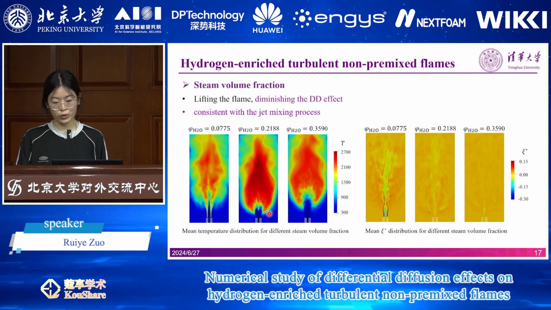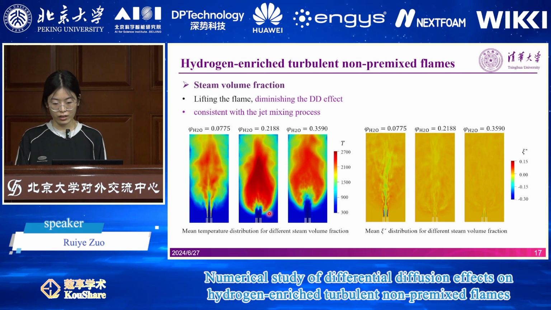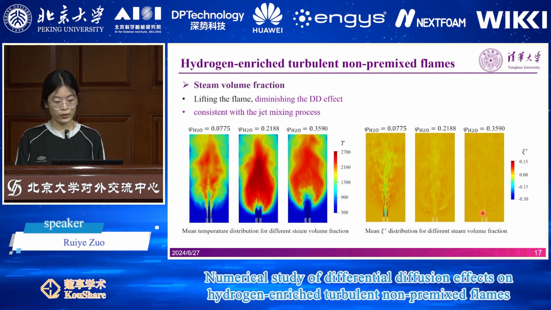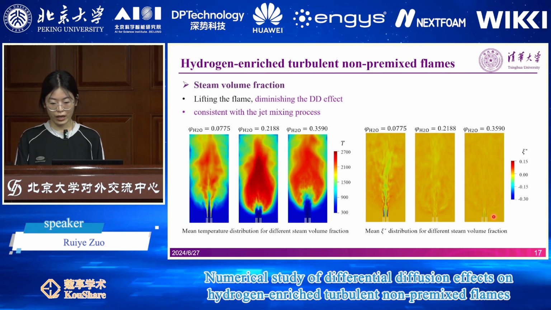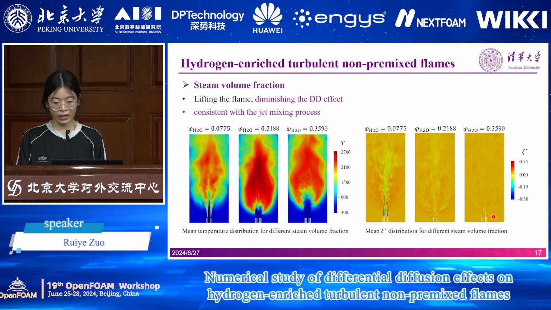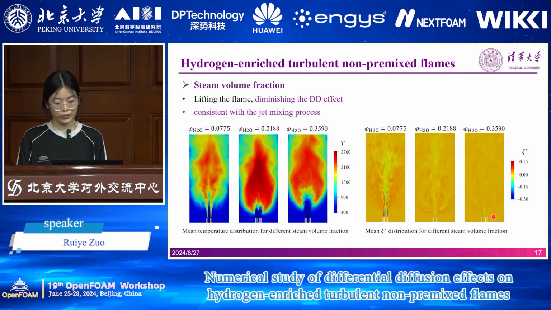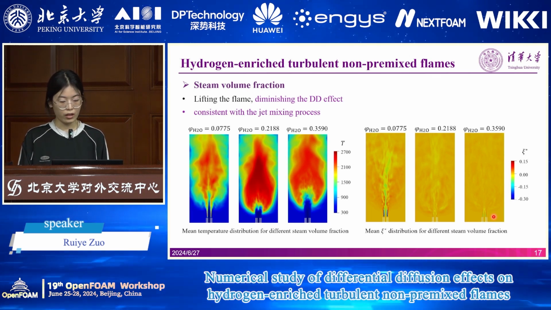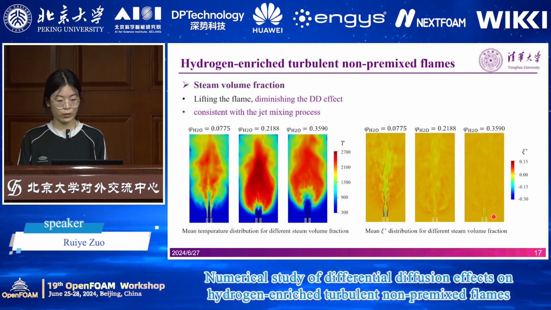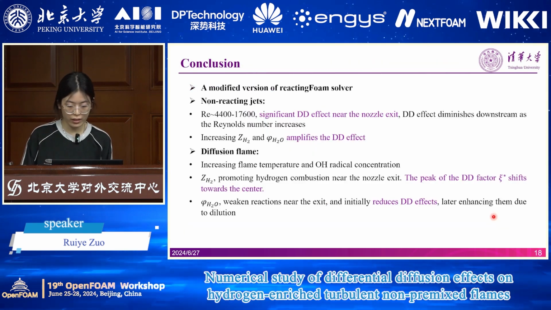Then it's similar to the non-reacting jets, thereby enhancing the differential diffusion effect near the nozzle exit due to the dilution by steam. In conclusion, the impact of the steam fraction on the differential diffusion effect should consider both mixing process and chemical reactions. Finally, it's the conclusion.